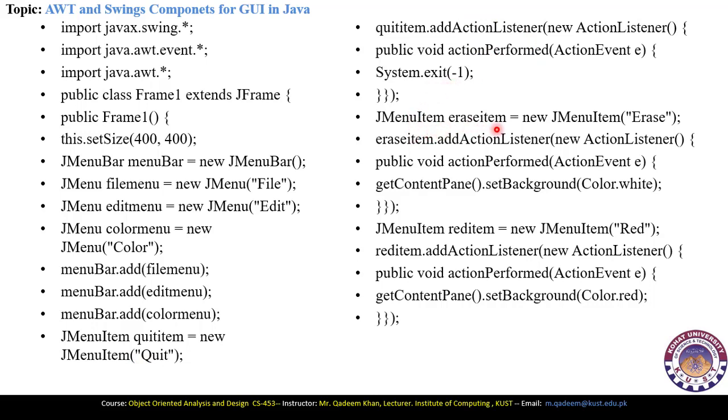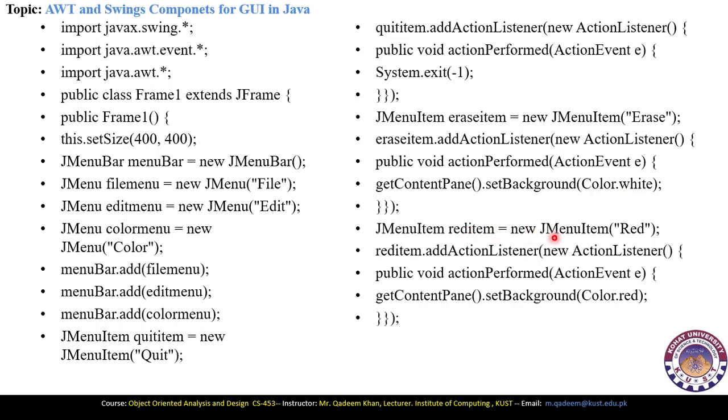Secondly, JMenuItem eraseItem, new JMenuItem, eraseItem.addActionListener, new ActionListener, public void actionPerformed, ActionEvent e, getContentPane().setBackground(Color.white). So it takes the content pane and its background is set to the white color. Color.white is a property of the Color class.